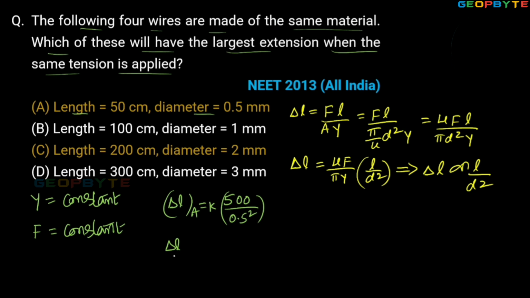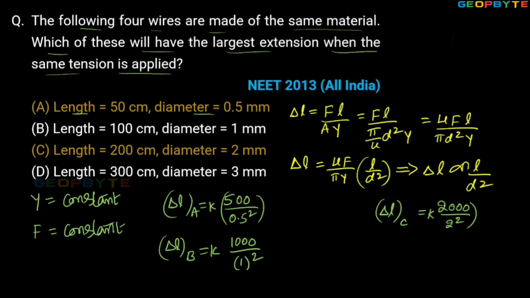Next, delta L for B equals constant K into length 100 centimeters, that means 1000 mm, by D square, 1 square. Similarly, delta L for option C equals constant K into 2000 by 2 square. Delta L for D equals constant K into 3000, which is given in centimeters but should be written in mm, by 3 square.